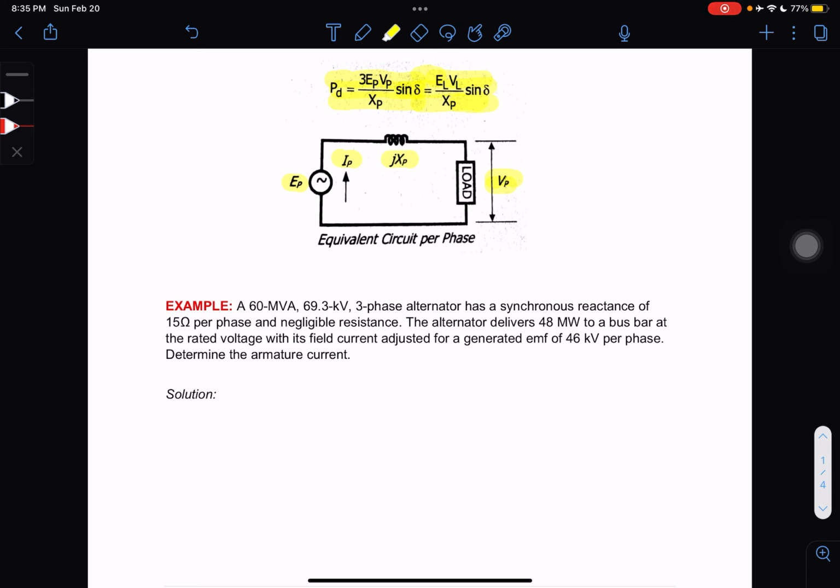The alternator delivers 48 megawatts to a bus bar at the rated voltage with its field current adjusted for a generated EMF of 46 kilovolts per phase. So, determine the armature current.